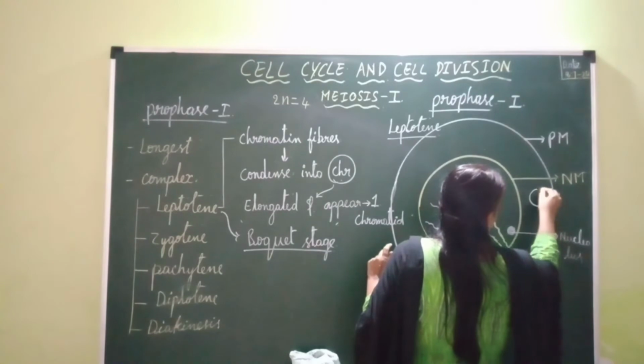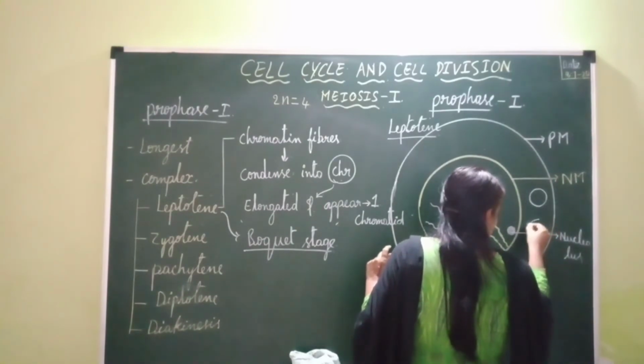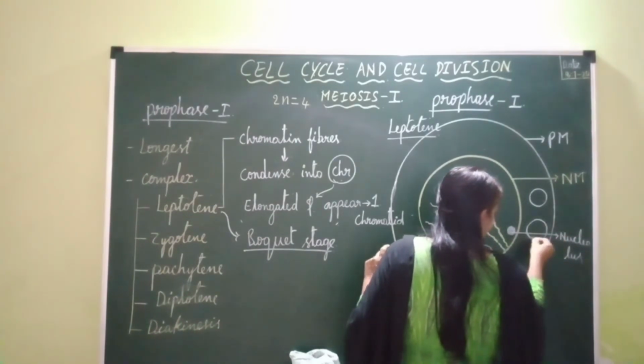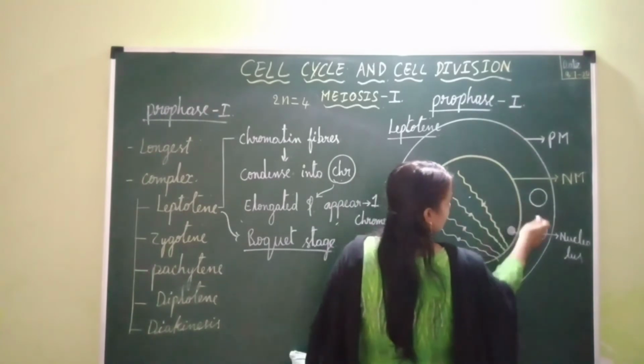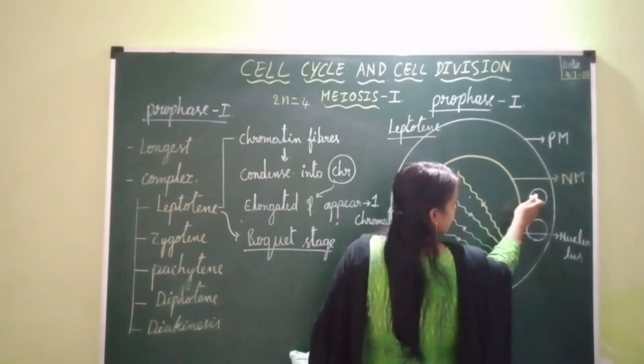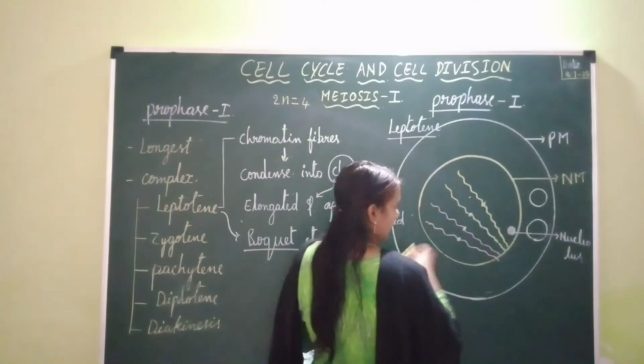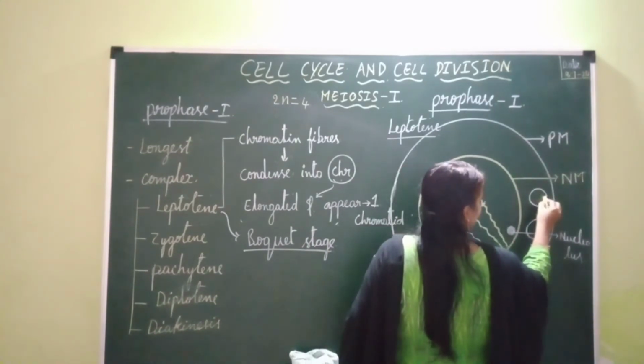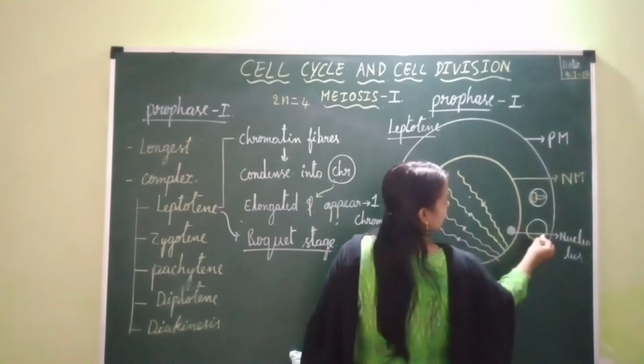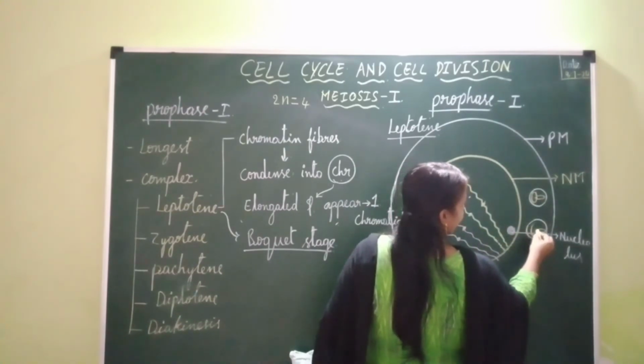So in the cytoplasm of the cell during this leptotene stage of prophase 1, two centrosomes are present. This is one centrosome, this is another centrosome. In each centrosome, two centrioles are present, arranged perpendicular to one another.